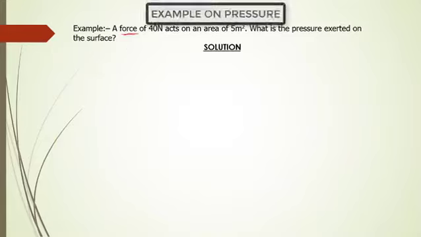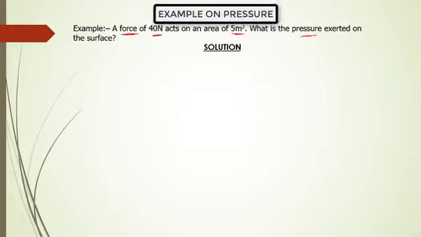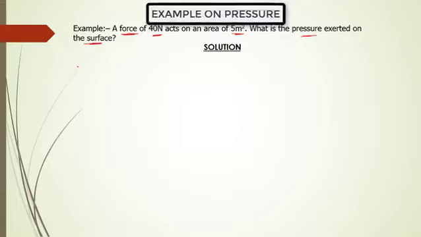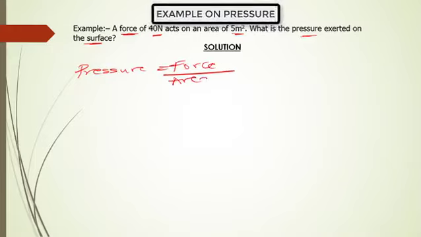It says that a force of 40 newtons is acting on an area of 5 meters squared. And we are asked to calculate the pressure that has been exerted on the surface of that body. So we know that pressure is given by force over area.